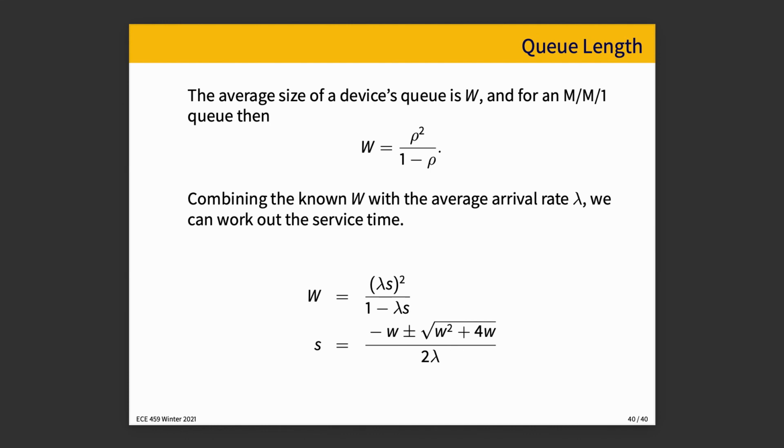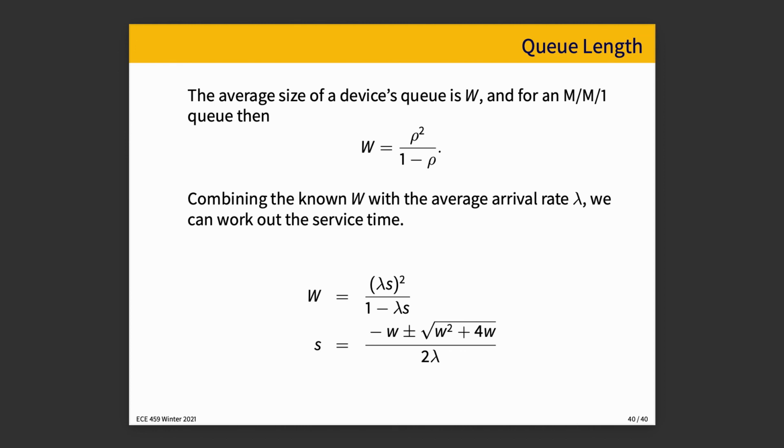The average size of the queue is rho squared divided by 1 minus rho, as we saw earlier, if it's an M/M/1 queue. And if we put this together with the average arrival rate lambda, so we're just substituting in the value for rho to work out S, then we actually end up with W equals lambda S squared divided by 1 minus lambda S.